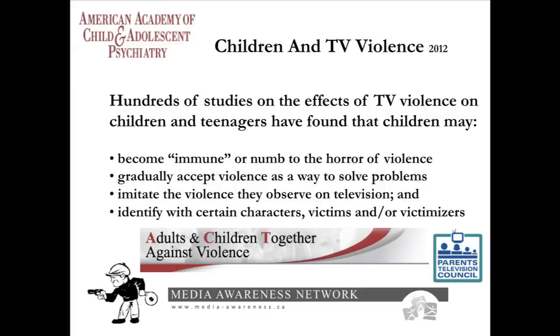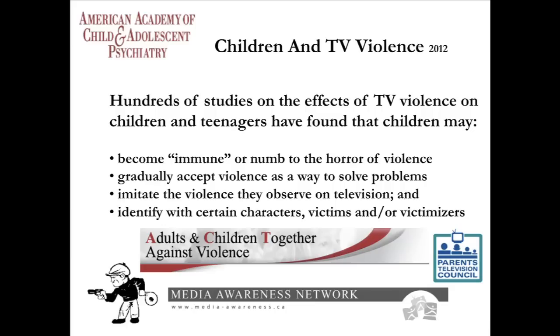Children and TV violence has been particularly well studied, and hundreds of studies on the effects of TV violence on children and teenagers have found that children become immune or numb to the horror of violence that they see on television, but they interpret it as somewhat of a real event nonetheless.